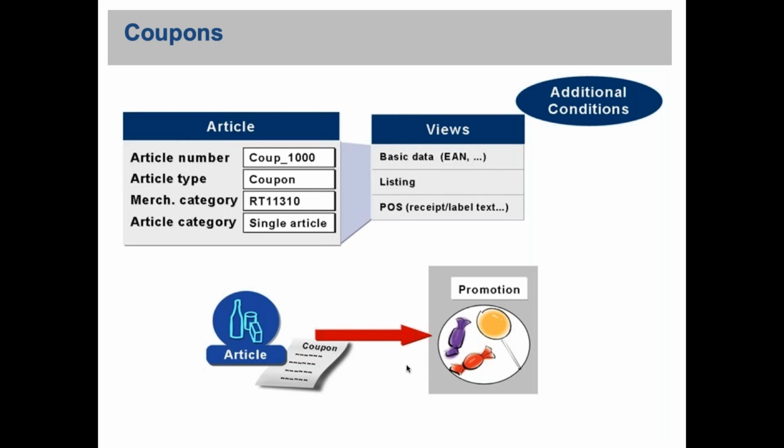But normally in retail, coupons or gift cards are not actually created that way in practical terms. You can handle it in 2 different ways. You can create an article and issue that as a coupon. But practically, if you think how many coupons you will issue to the customer, you cannot create that many articles, and it is just for a one-time purpose.